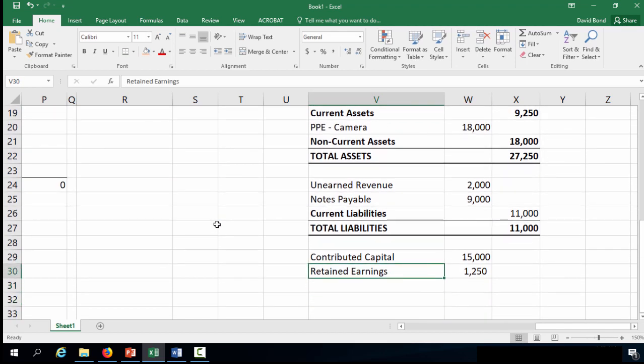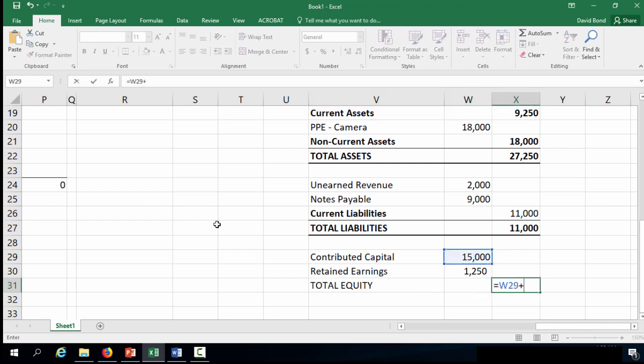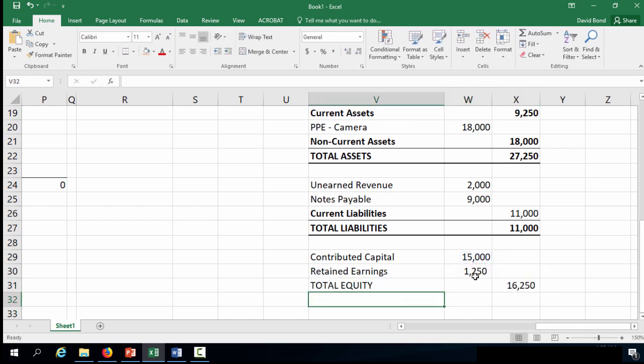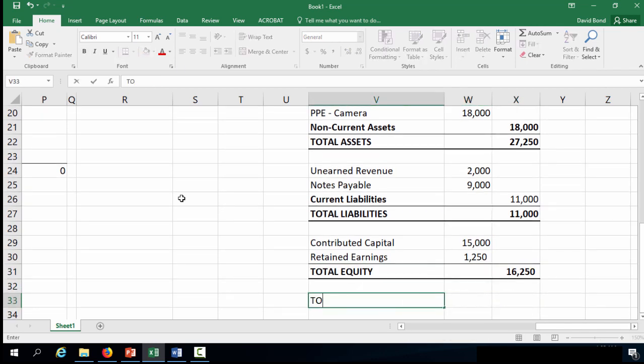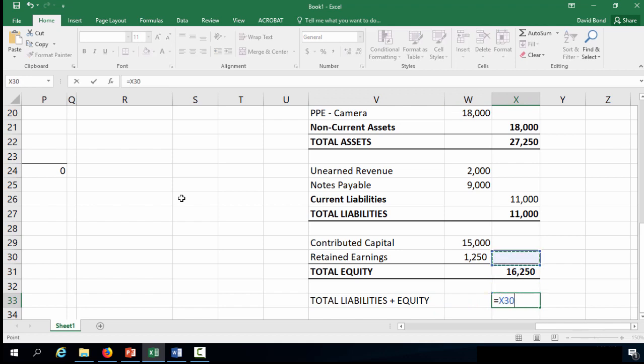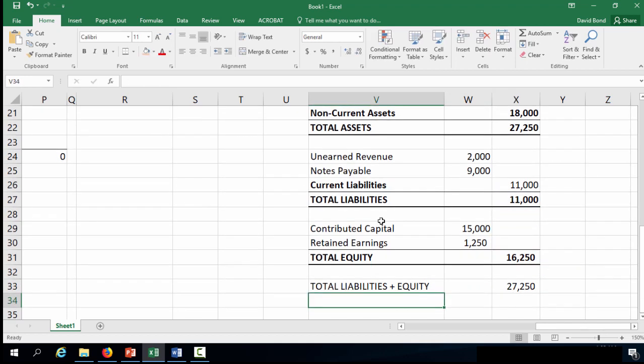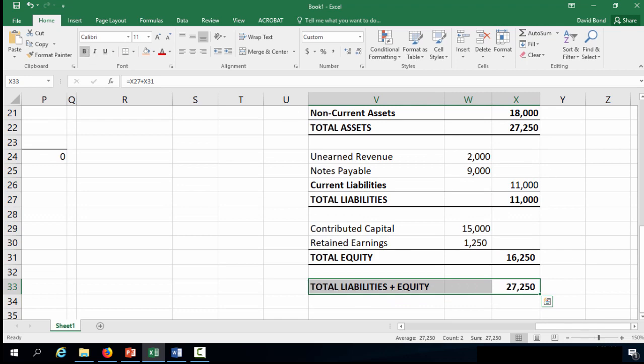So we turned up with retained earnings of 1,250 for total equity of 16,250 and total liabilities plus equity is 27,250, which is the same as total assets, so everything balances out.